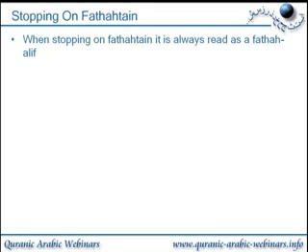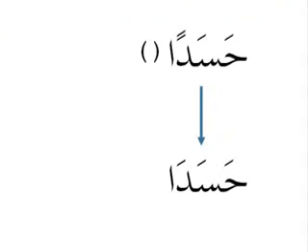Okay, now stopping on fathatain. When stopping on fathatain, it is always read as a fatha alif. So what do we mean by this? Here we have a word, hasadan.